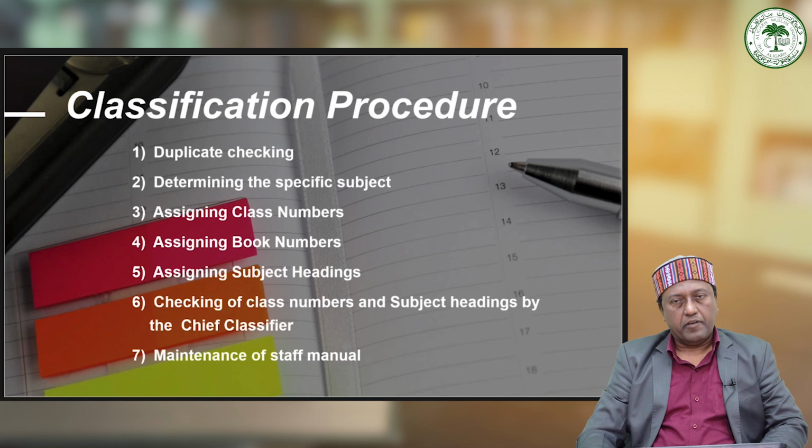We have seen the tools, we have seen the classification schemes, we know about all these things. Once the subject matter and content are clear, after going through all those processes, the classifier can straight away pick up the tool, pick up the scheme and start taking the help of these tools to assign a class number to the document.